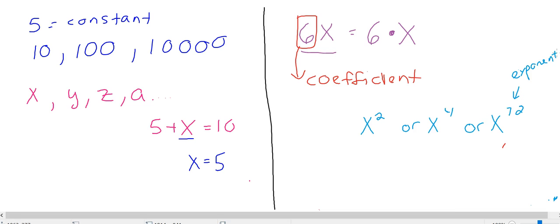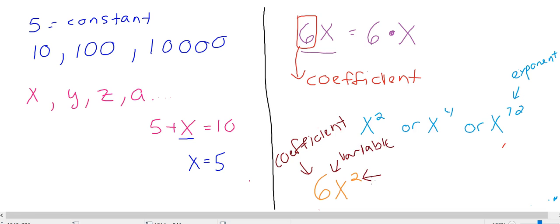Now let's try a term that has a coefficient and an exponent. Let's say 6x squared. The 6 over here, this is the coefficient. The x is the variable. And the squared is the exponent.